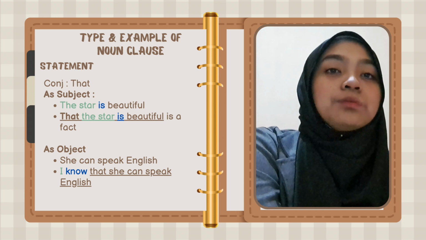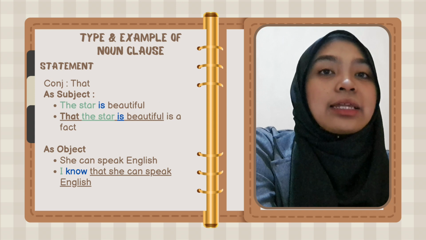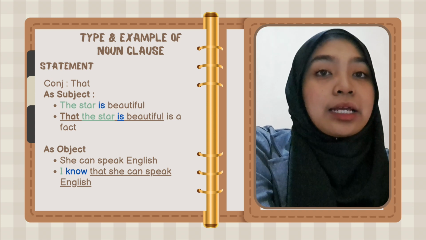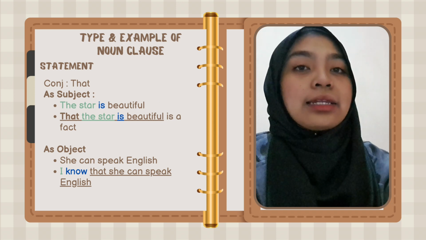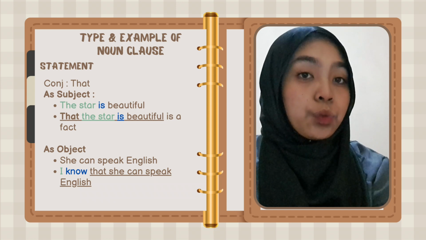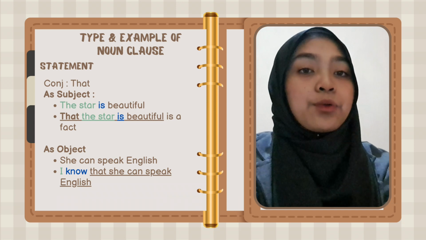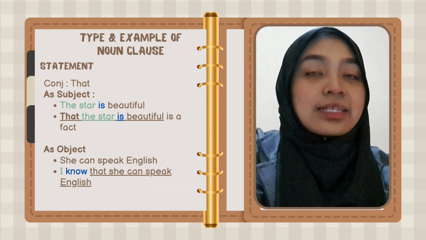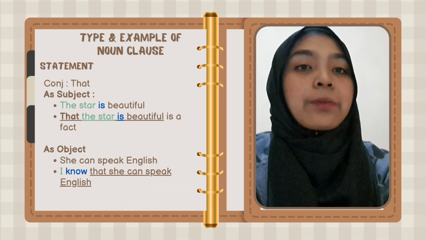She becomes the subject, speak becomes the verb, English becomes the object, and that is the conjunction. The formulation is true, and it is put at the end of the sentence, so it is called a noun clause as object.